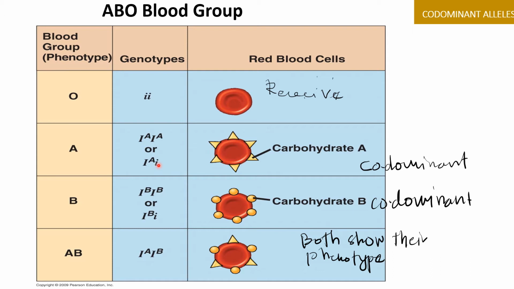But in the presence of both A and B, it won't show only A or B; it shows AB. That means both are dominant. This is because A and B produce carbohydrates at the membrane of the blood. The B group produces carbohydrate B, and the A group produces carbohydrate A. So this shows codominance.